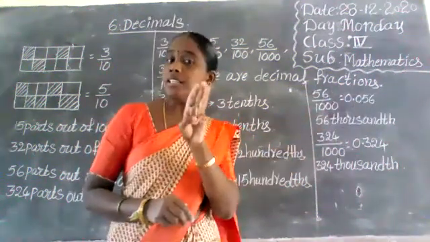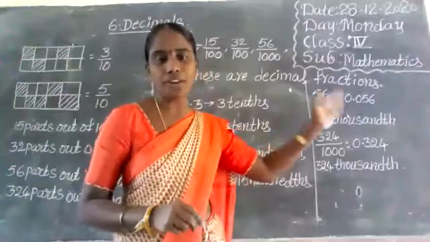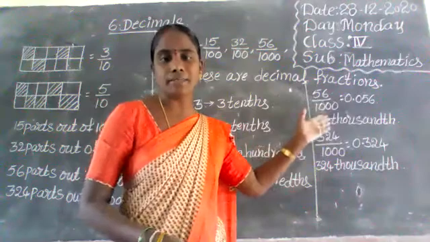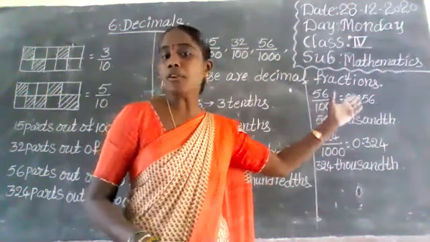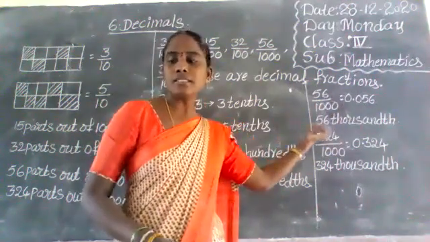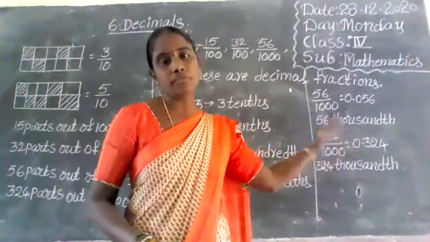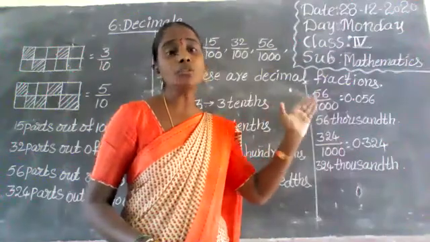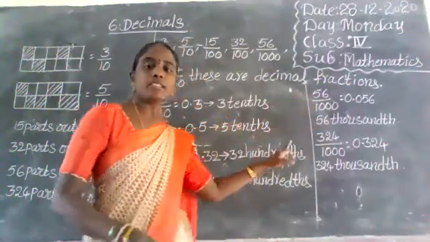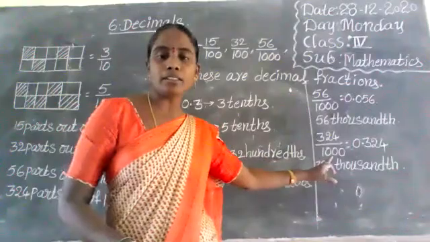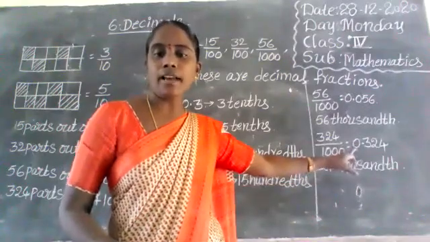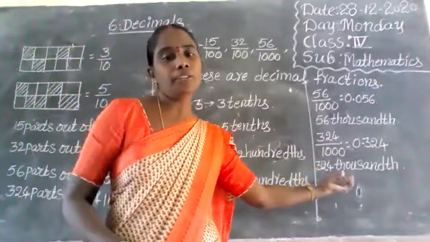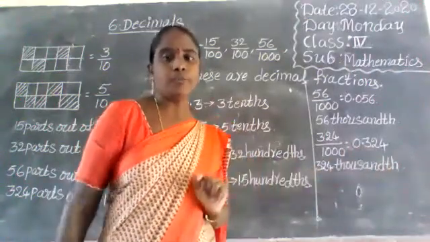In 1000, 3 zeros are there, so after the point we have to write 3 digits. 0.056, we read as 56 thousandths. Next, 324 by 1000. Here we write 0.324, and 324 thousandths also.